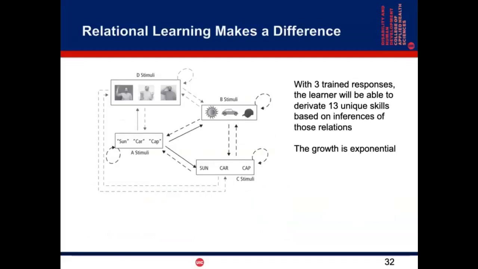So again, this is similar to the ladybug example that we covered earlier. With the ladybug example, I'm teaching two relations. Based on that, and if I arrange my teaching in a particular way, I am promoting or setting up the child to derive 4 new skills. But what if I increase the relations to 3?